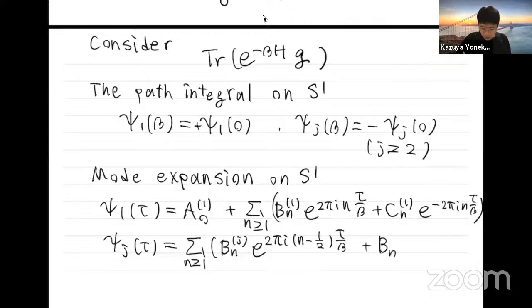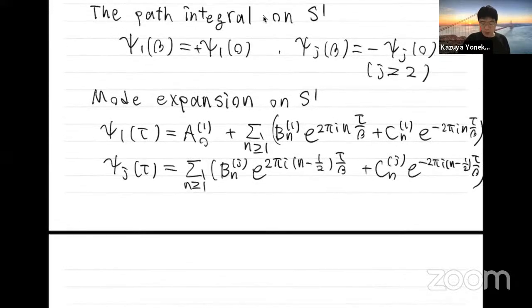Because it is half integer, there are no zero modes. So we can expand the fields in this way.